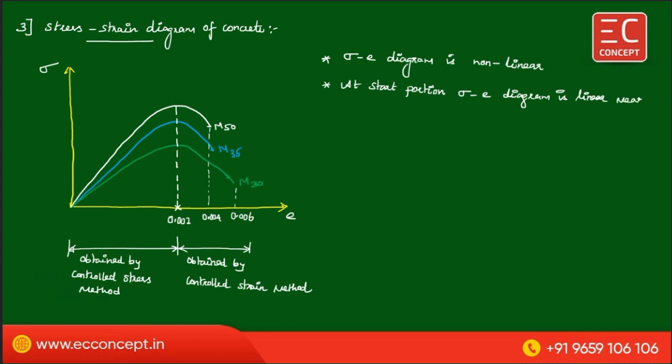Means at low stress values, for example the stress at this point, the graph will be linear. At low stresses, the stress versus strain diagram is linear.